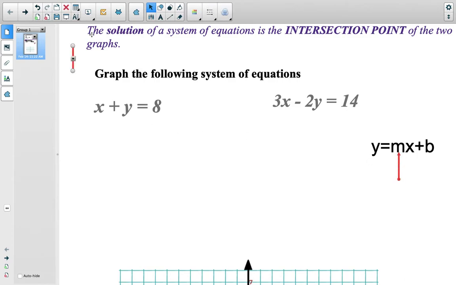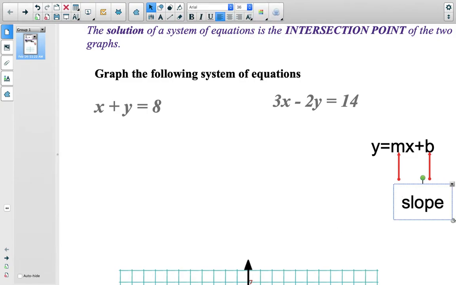If I know what my slope and y-intercept are, it's so much easier to graph these equations. So m is your slope and b is your y-intercept.